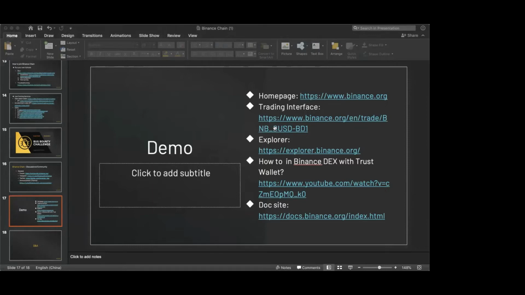Once you create a wallet on Binance Chain, you can follow this guide and click on the issue token button, and then you just type in the symbol, the total supply and the name, and after you click the issue button, a new BEP2 token will be issued. So I think, does that answer your question?